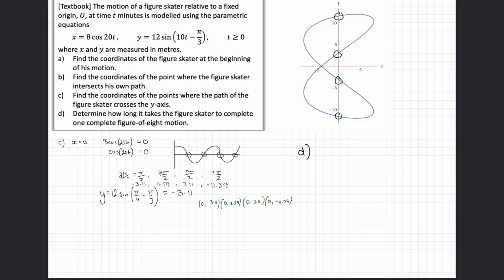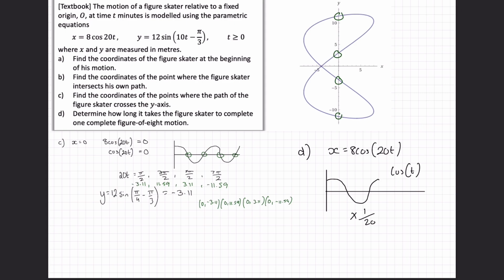What we can say here is, well, x equals 8 cos 20t. So if I was to draw, for example, if that was cos of t, for cos of 20t, we would sort of be multiplying it by a scale factor of 1 over 20.